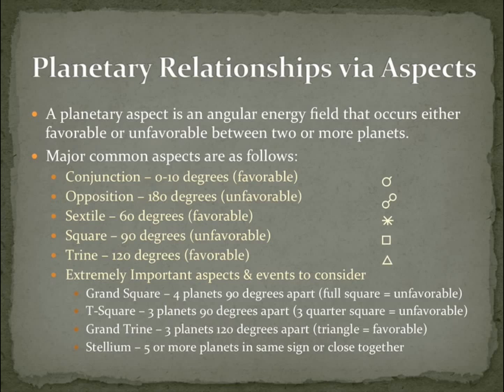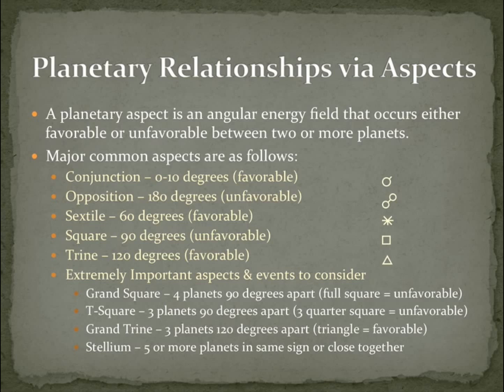These 5 aspects make up the most common planetary relationships that astrologers employ in their horoscope analysis and reading. They are important to know because they influence the affairs of the houses with which they are involved. I must point out here that sometimes a favorable aspect, like the conjunction, can become unfavorable based on the planets involved.